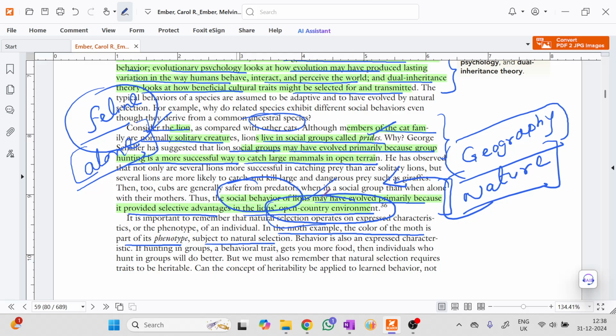But behavior is not something which can be seen easily. Behavior cannot be given a concrete form.